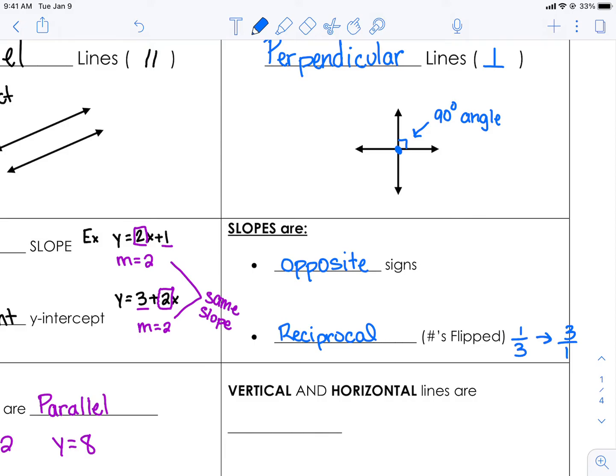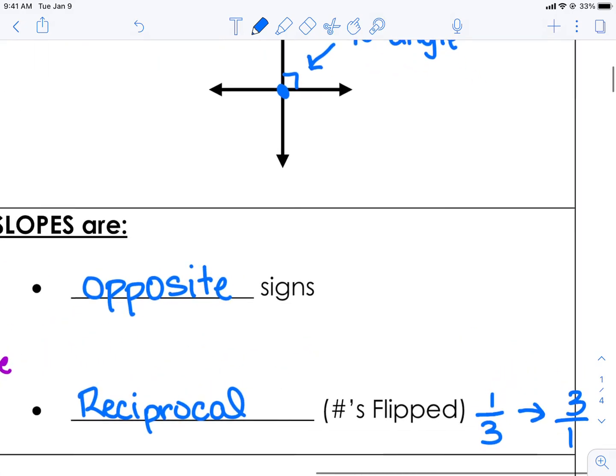Okay, so let's look at an example of two lines. So we have y equals 2x plus 1, which has a slope of 2. If I wanted to create a line that was perpendicular, I would need to take this slope.